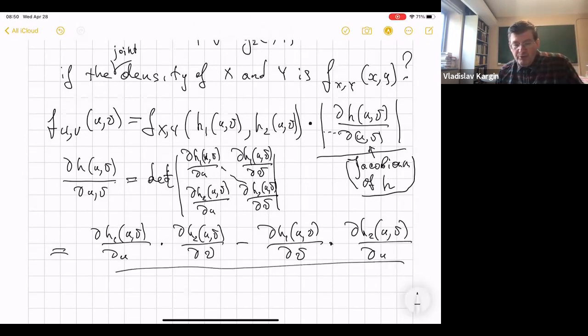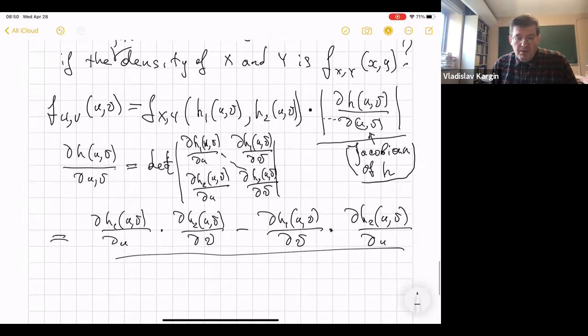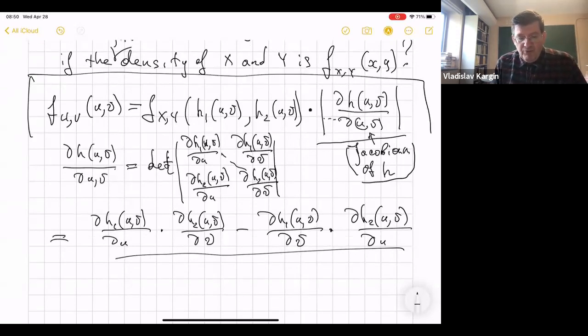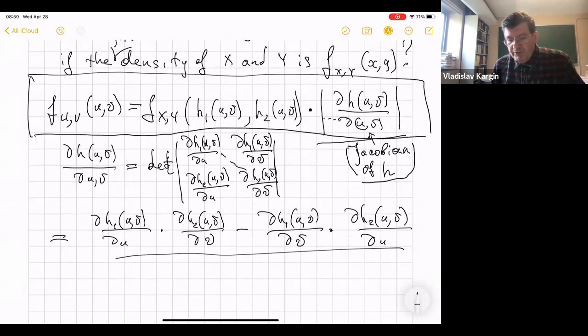This looks formidable, but you need to know how to calculate it to compute change of variable integrals in multivariate calculus. I assume you have at least seen this before. So this is our formula which we talked about before.